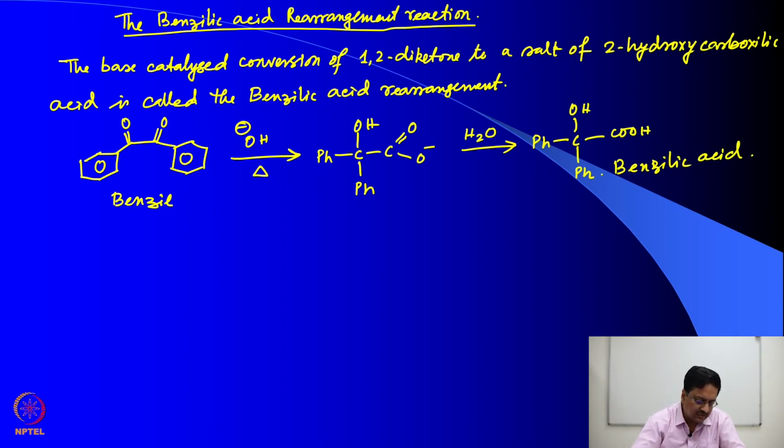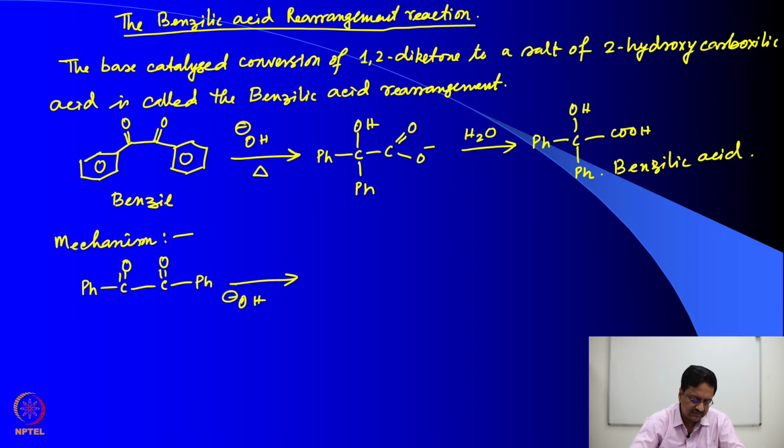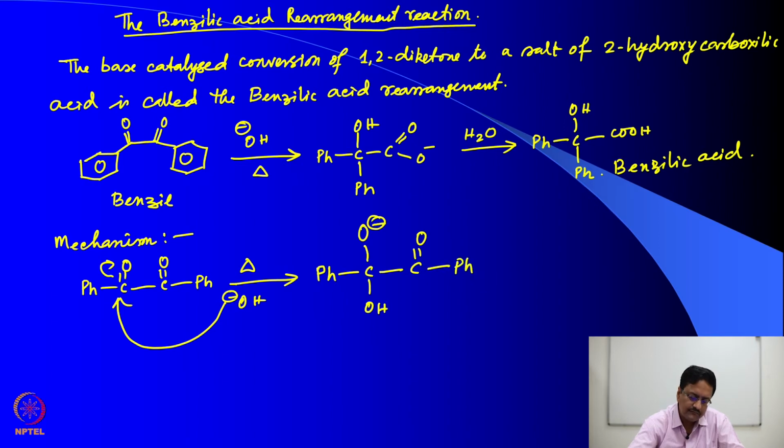So, let us see what is the mechanism of this reaction. We start with benzyl and treat this with OH minus, a strong base, in heating condition. The reaction involves the formation of the anion with the base attacking the carbonyl carbon, and the other ketone remains as it is.